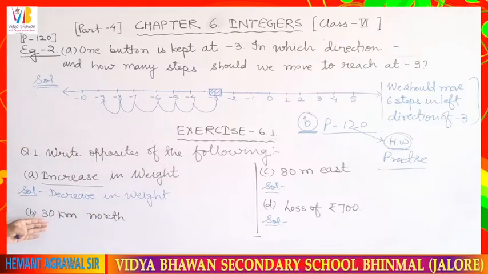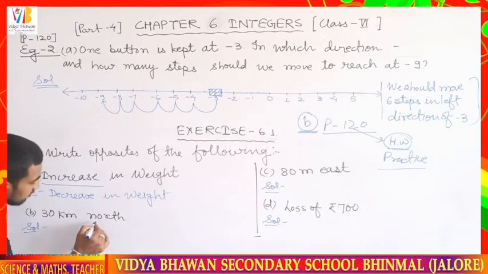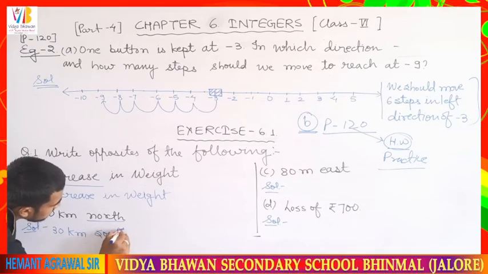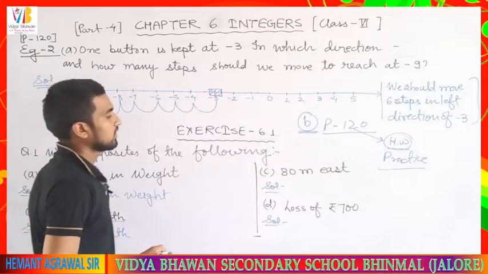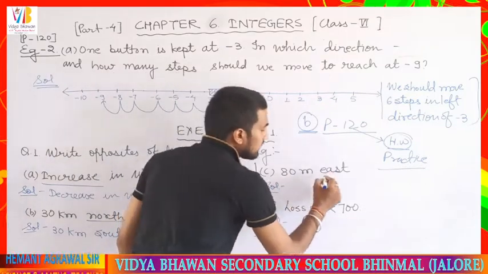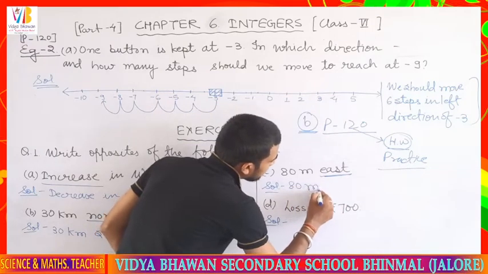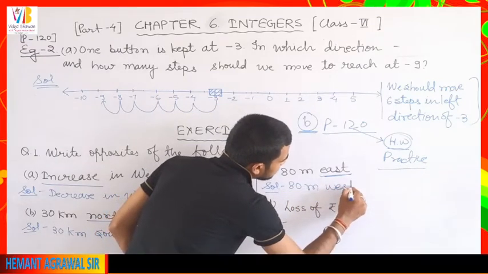Now question number B, 30 kilometer north. We can write the opposite of north, 30 kilometer south. Okay. 80 meter east. We can write here 80 meter west.